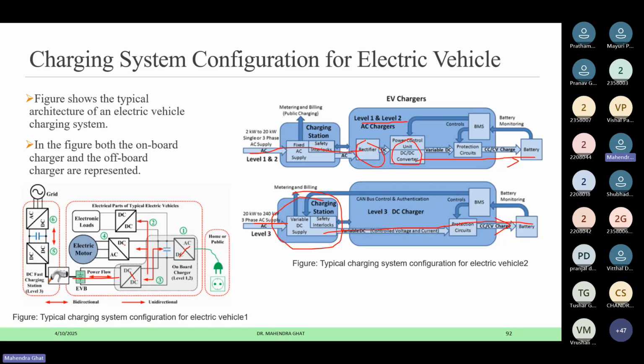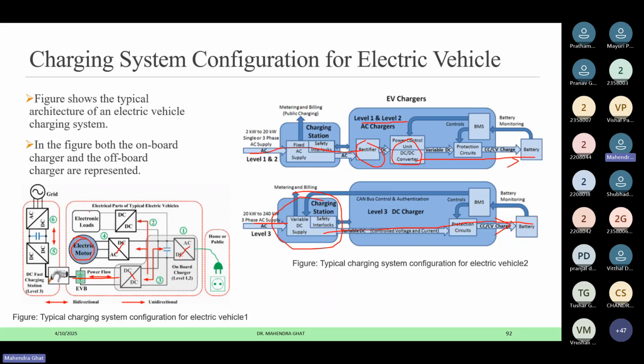Also, there is one more DC to AC inverter to give the power from the battery to the motor, because to run the vehicle we have to give supply to the motor. Once the motor starts rotating, the vehicle will move. So that's why one more converter is required, the DC to AC converter, to power up the motor.